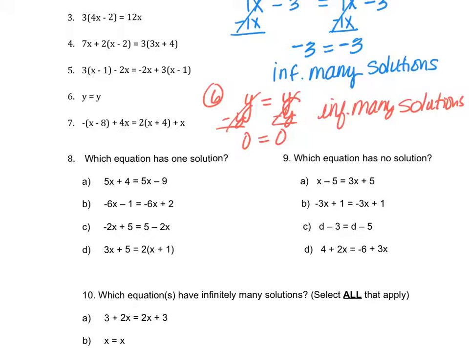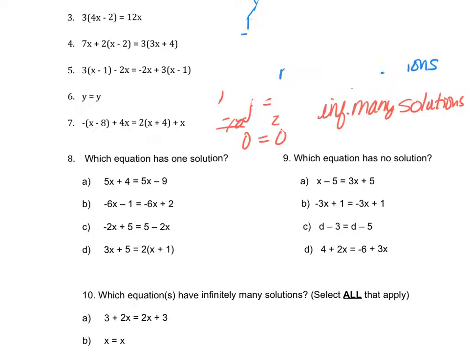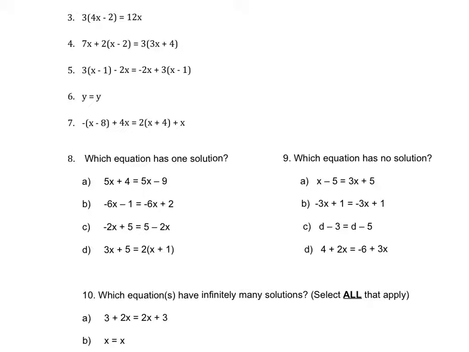Okay, I'm going to erase that, and then we're going to do one more at the top before we look at the bottom. Number 7. Okay, so number 7 is negative x minus 8 in parentheses plus 4x equals 2 parenthesis x plus 4, close parenthesis, plus x.